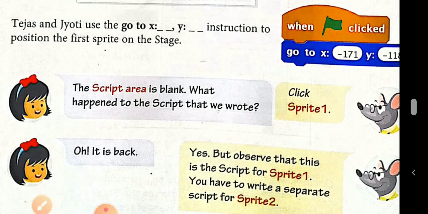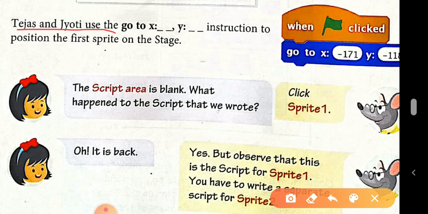Next, Tejas and Jyoti used the go to x and y instruction, to position the first sprite on the stage.